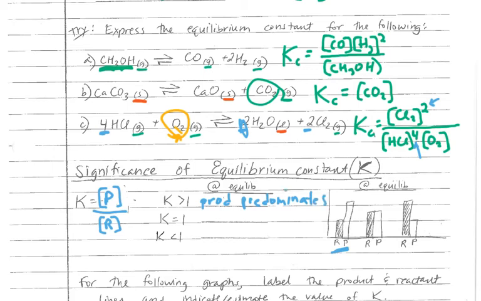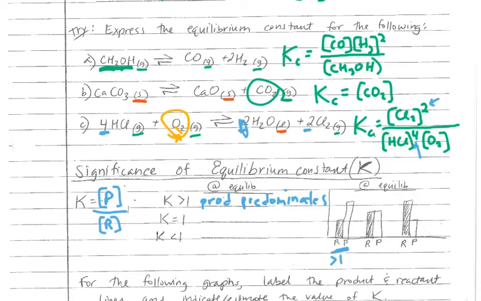So you could be given a simple question like, a certain equilibrium reaction has a K value of 2.8. Which predominates at equilibrium, product or reactants? If the value of K is greater than 1, it means that the product predominates. So this would be a value of greater than 1.